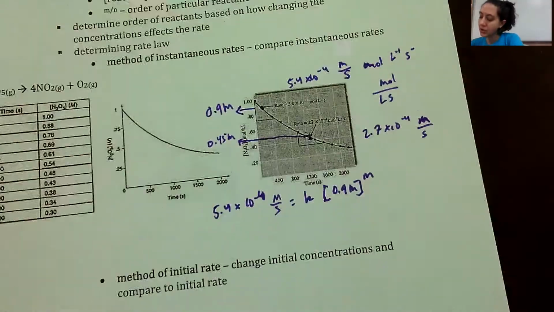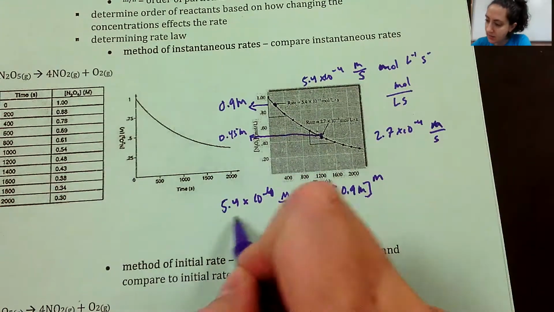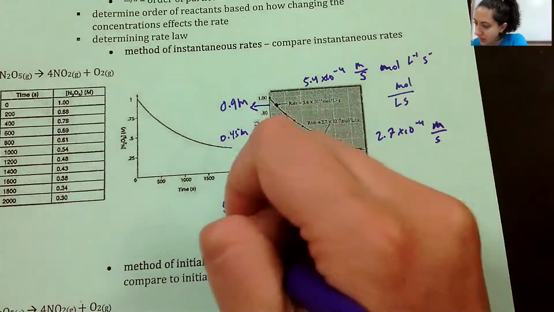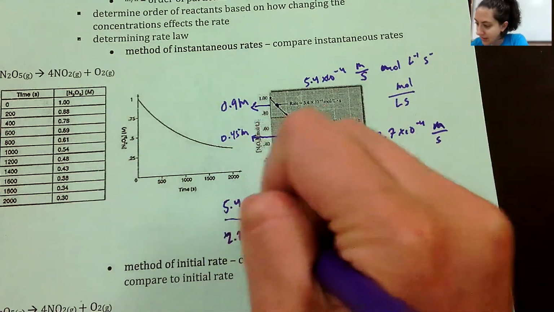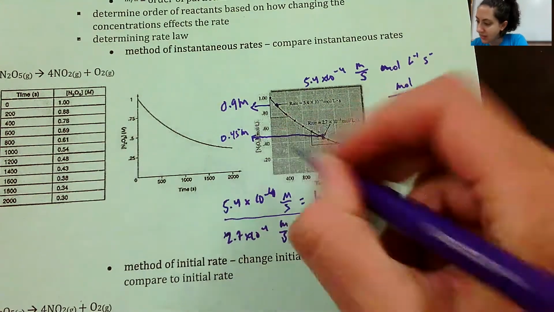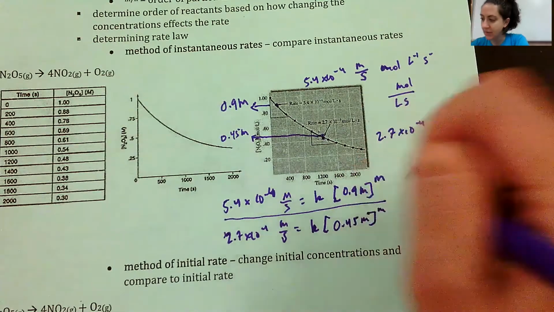That's the first one, and then we're going to divide it by the second one. That's 2.7 times 10 to the negative 4th molar per second equals K times, in this case, 0.45 molarity to the M.